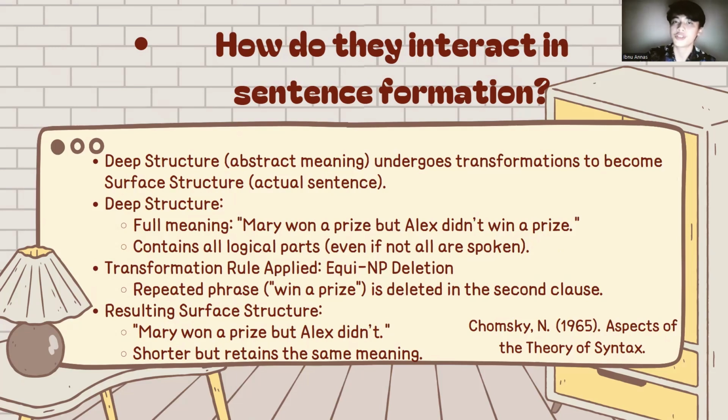But with the transformation rule applied, the repeated phrase, win a prize, can be deleted in the second clause. So changing the deep structure into the surface structure becomes Mary won a prize, but Alex didn't. We delete win a prize. It gets shorter, but the meaning of the sentence remains the same.